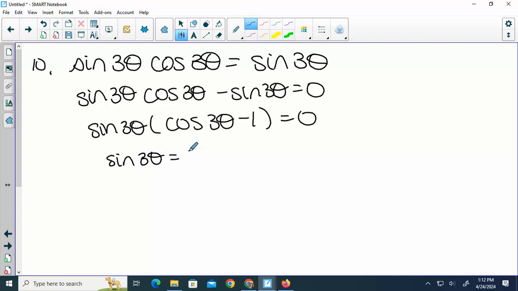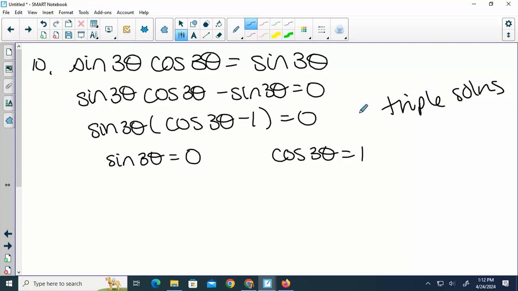Because it's a 3 theta, what does that tell us? Triple the solutions. Okay, so sine is 0. That's saying y is 0. That happens at 0 and 180. Cosine is 1, happens at just 0.